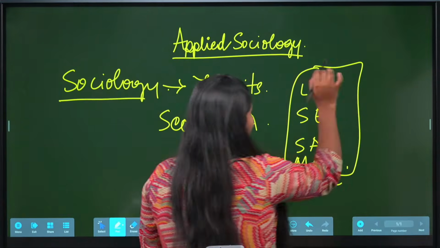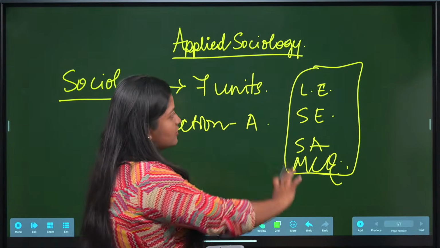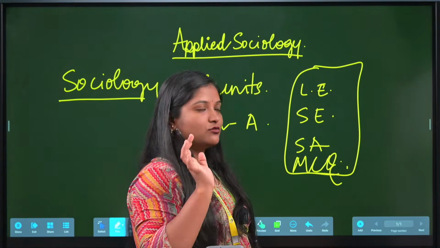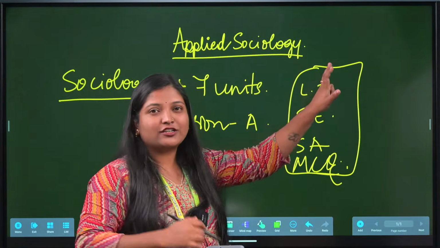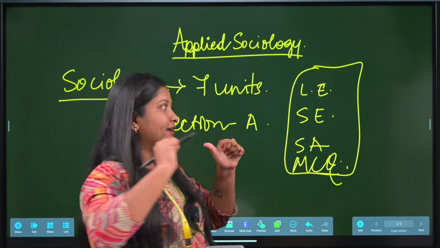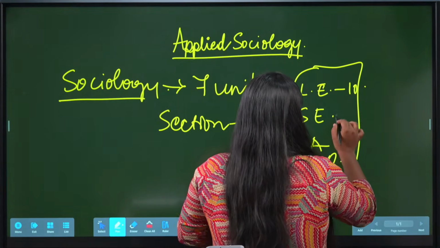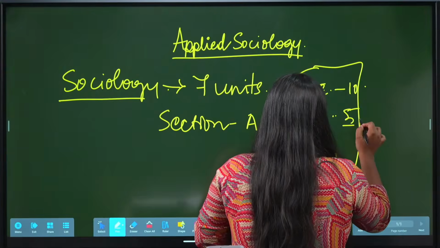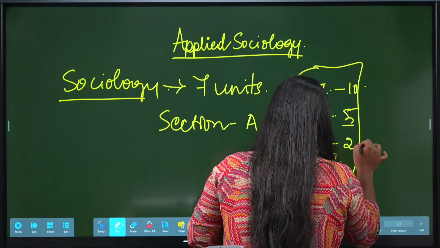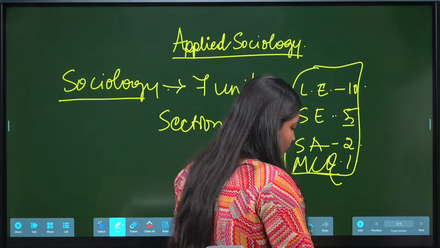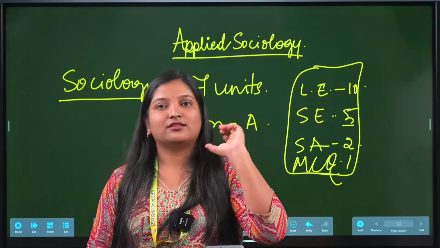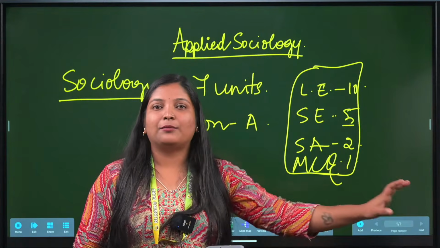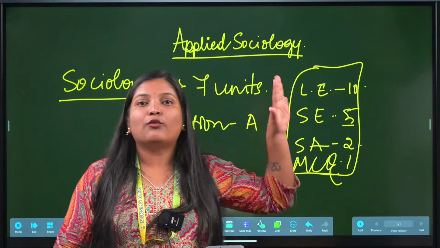Long essay questions are 10 marks, for sure we will get them in this subject. Then 5 marks questions will be there, then 2 marks and 1 mark questions. Six or seven multiple choice questions will be there, where you have to choose the correct answer from the options. So this is the question paper criteria.